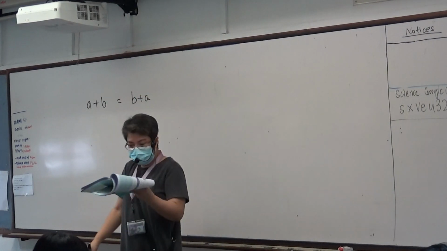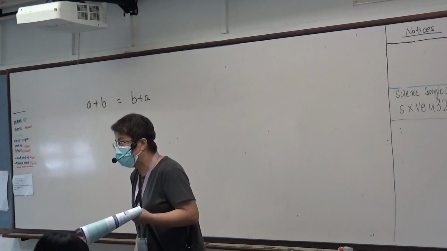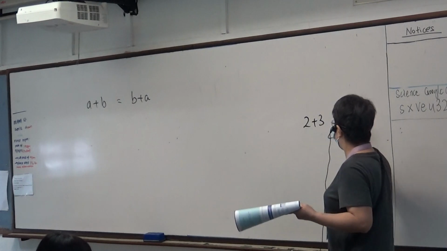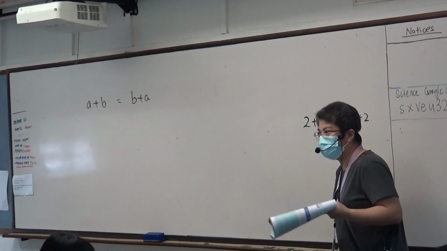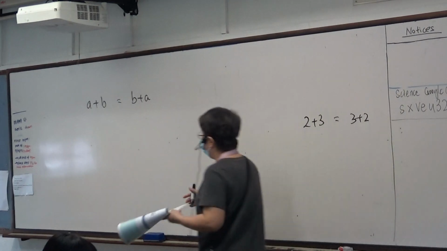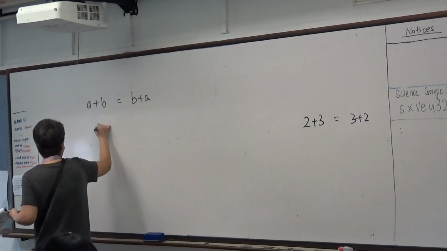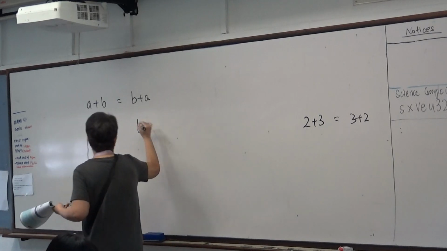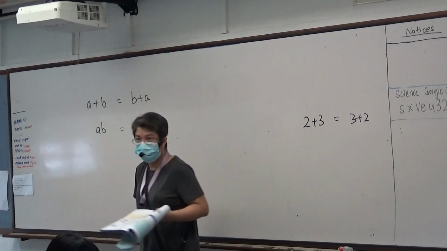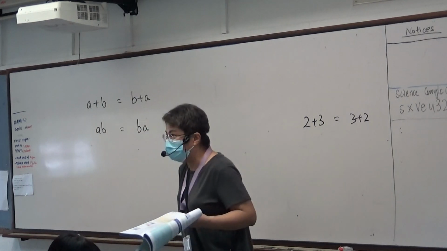So A plus B and B plus A are the same. Just like 2 plus 3 and 3 plus 2, the answer is still 5. So they're equivalent. Now, what if I have A times B and B times A? Are they the same? Yes. So this one is still equal. AB and BA mean the same thing.